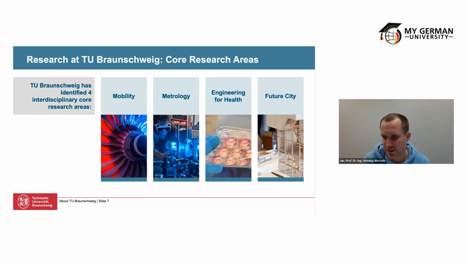I already mentioned the Institute of Metrology, the PTB. Engineering for health. Actually, TU Braunschweig is the only technical university which has pharmacy as a study program. Usually, this is at medical universities, but here we have it at a technical university. The medical university is in Hanover.